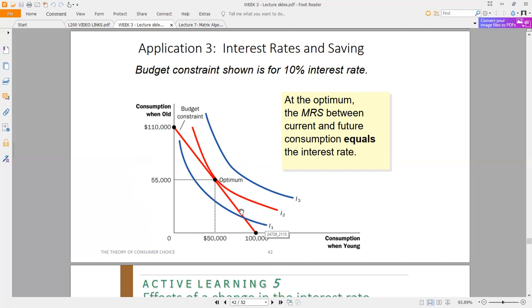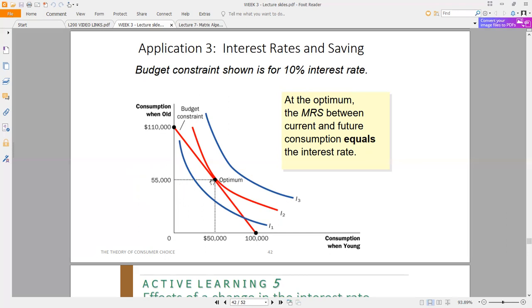And then the second one, assuming he doesn't consume anything at all in the first period, it means he will save everything. When you save $100,000, you earn 10% interest on it, and that will be $10,000. So if you want to consume all your income in the second period without consuming anything in the first period, you consume $110,000 in the second period. That is your savings of 100,000 plus the interest on it.